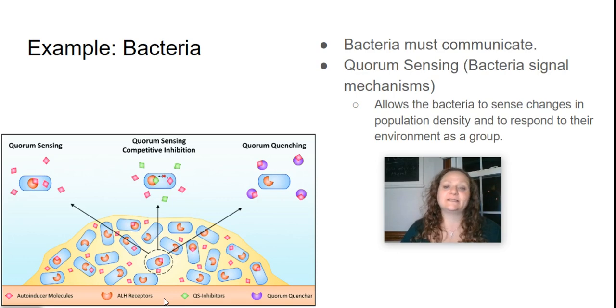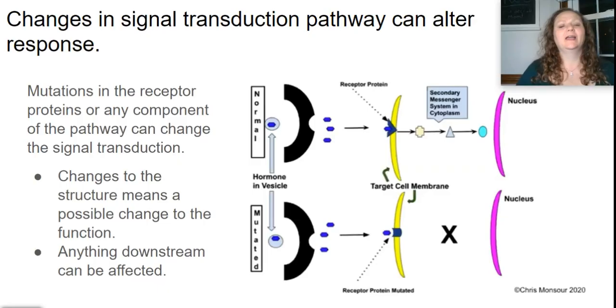It allows the bacteria to sense changes specifically in population density and to respond to their environment as a group. And you can see an example of what I'm showing you over there. But it means that bacteria, once it reaches a certain threshold of population density, can actually move to the next stage of whatever infection it has going.